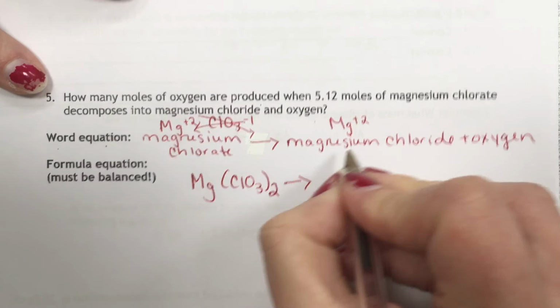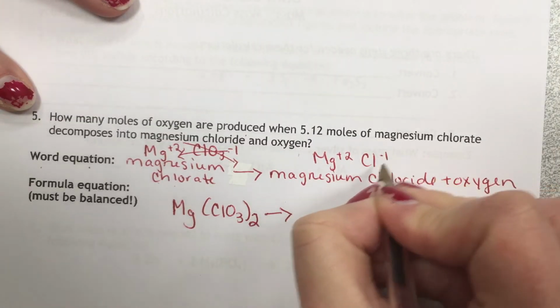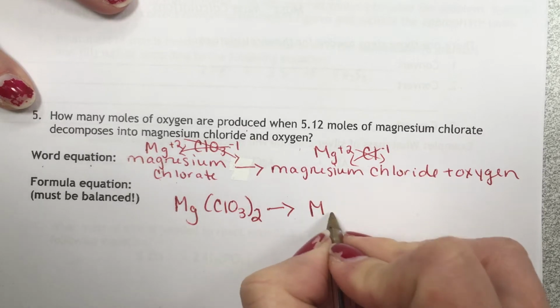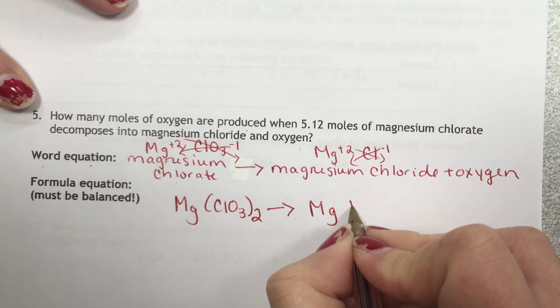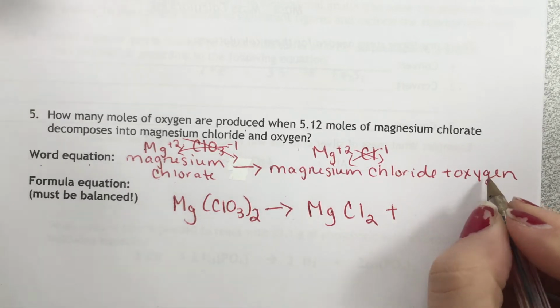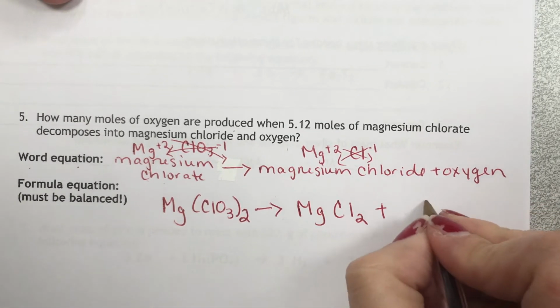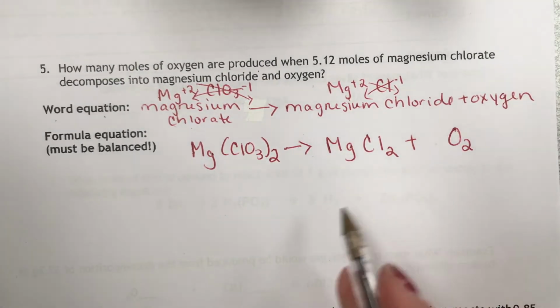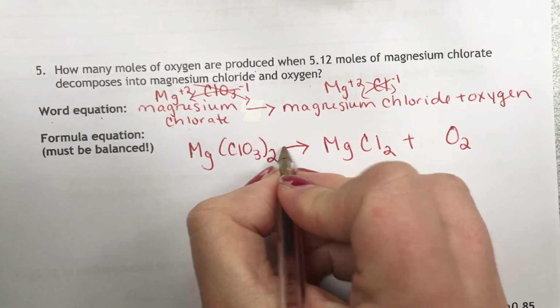So we bring the charges across and we have MgCl2, plus oxygen. Oxygen is one of those diatomic elements, so it'll be O2. So we have our formula equation. We just need to balance it now.